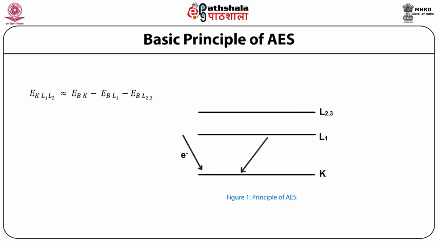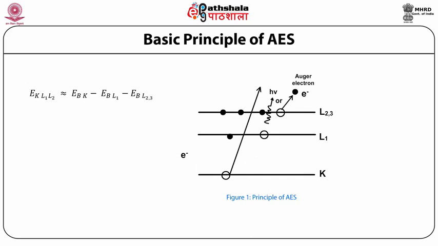In the spectrum, an individual kinetic energy peak from an Auger electron is marked with an elemental symbol and subscripts indicating the electron shells or subshells involved.